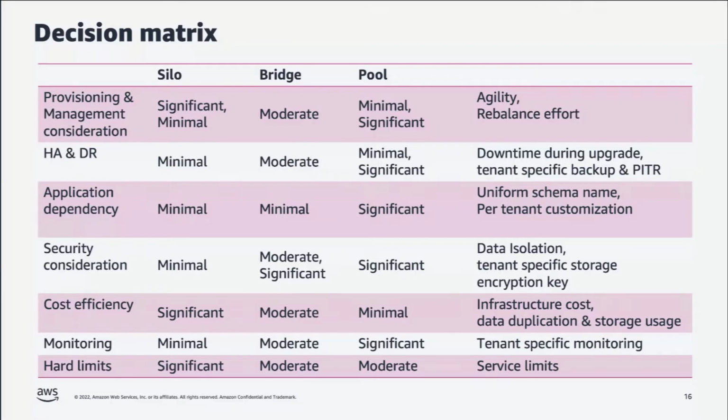If you're planning to use database connection pooling and multiplexing, the silo model requires significant effort. Naturally, right? You need to deploy one single connection pool per tenant, and also the connection sharing and multiplexing is very poor in silo model.